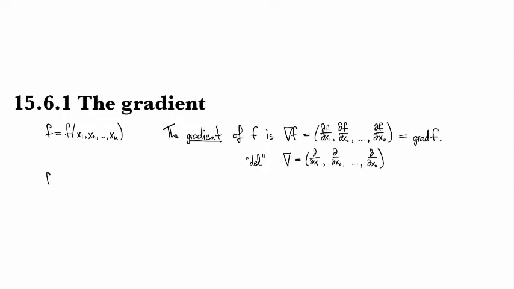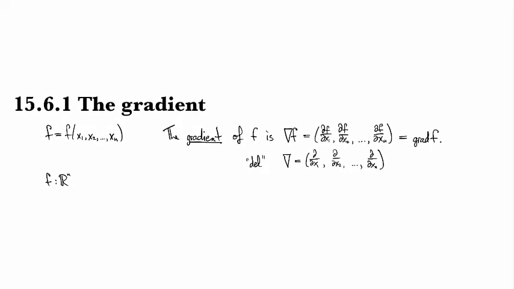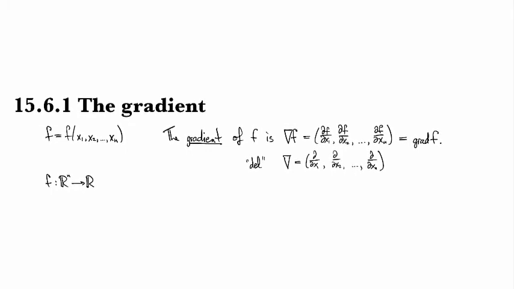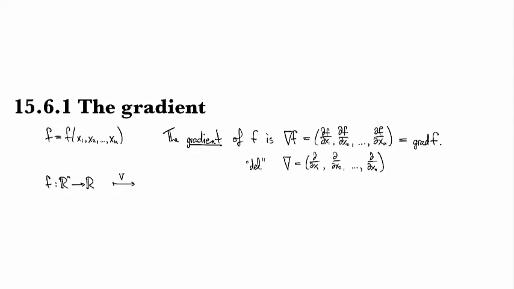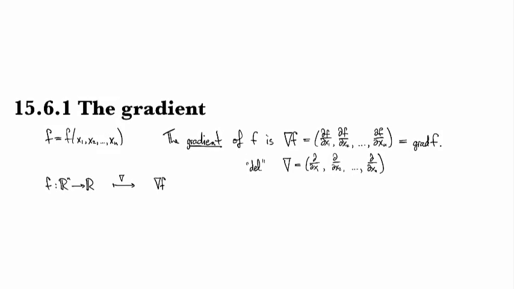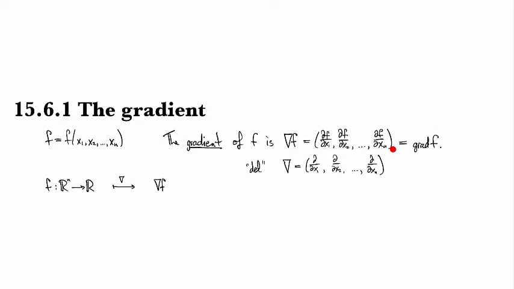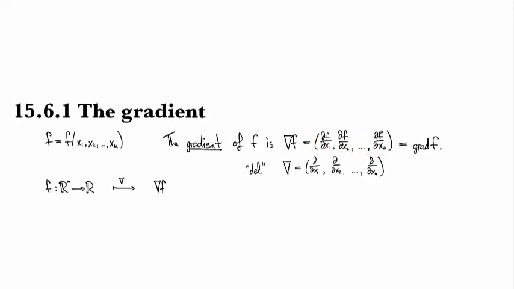But the idea is that if you've got a scalar valued function on Rn, f, that's what we start with, and then you apply this del operator to get the gradient, then notice that the output of the gradient is a vector of the same length as the number of variables in f.